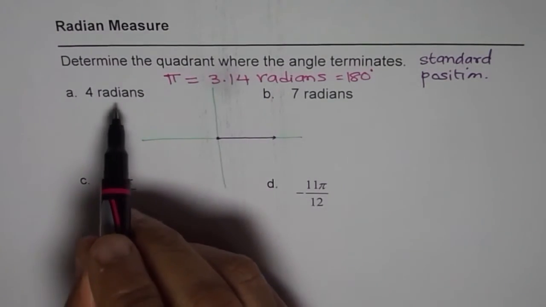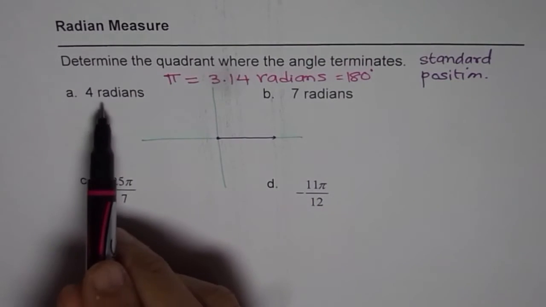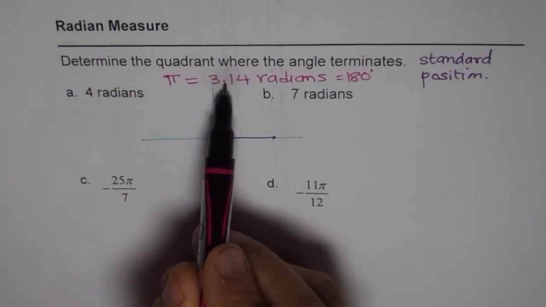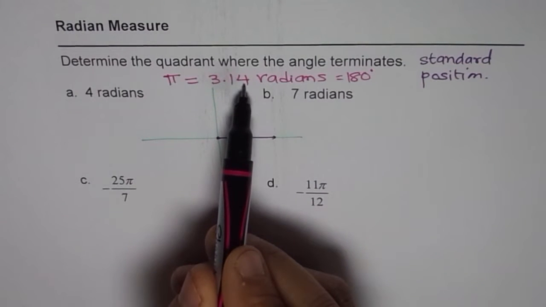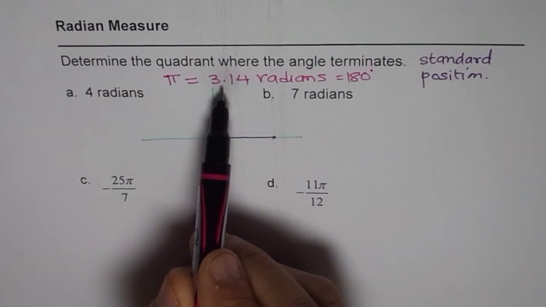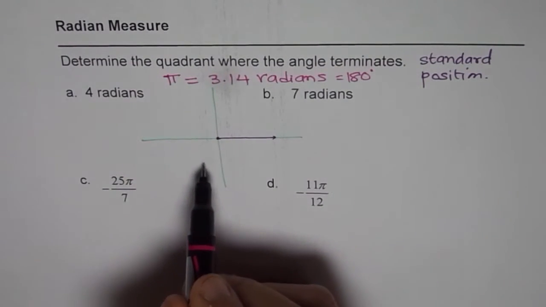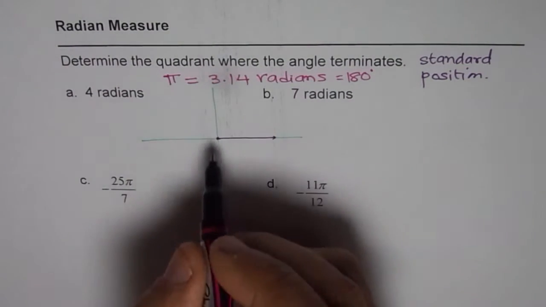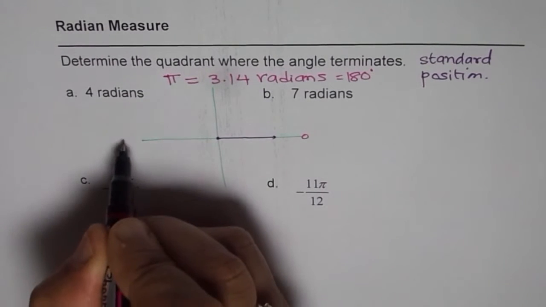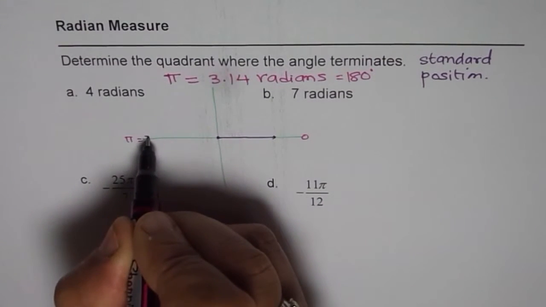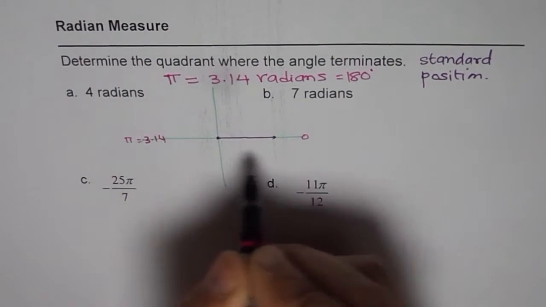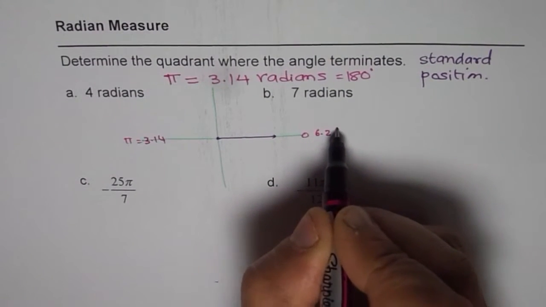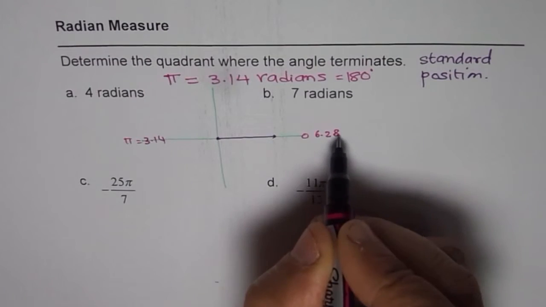Now that helps to visualize when the numbers are given to us. 4 radian means more than 3.14, right? Do you understand? So if you are seeing this coordinate plane, then you can actually get an idea that when we write 0 here and pi here, then it means 3.14 radian, right? So 2 pi will be twice this, which is 6.28 radians, right?